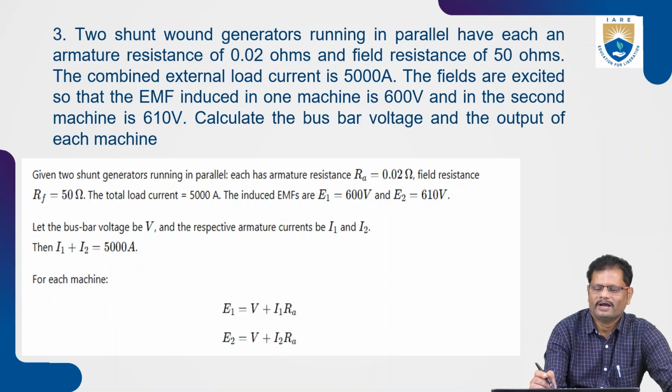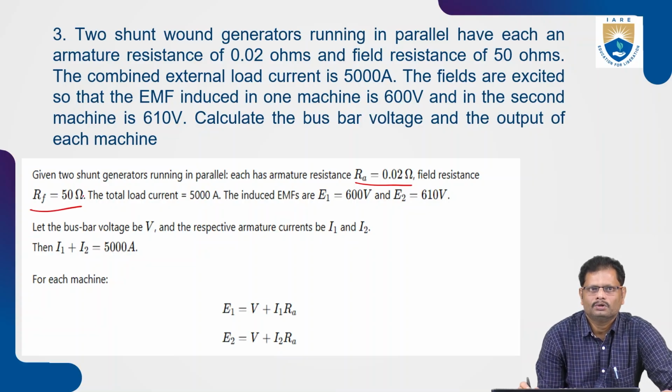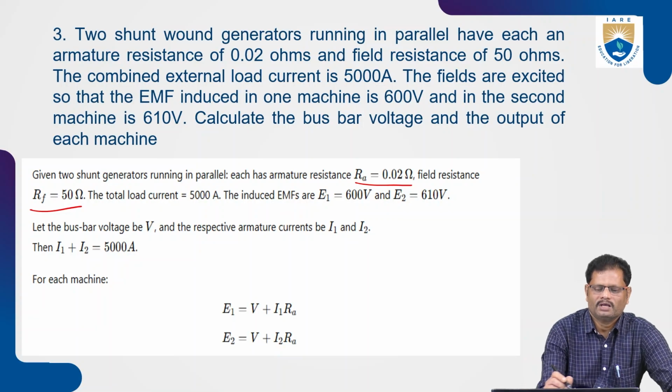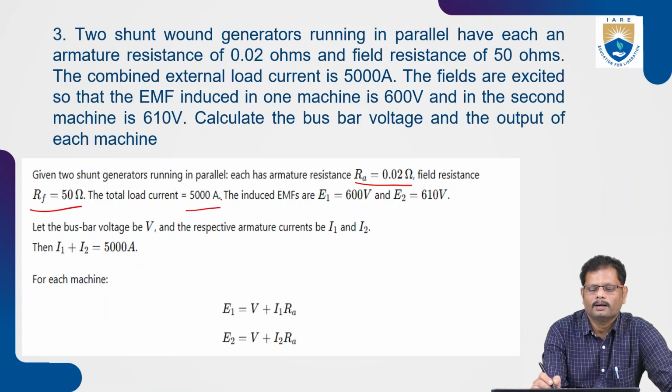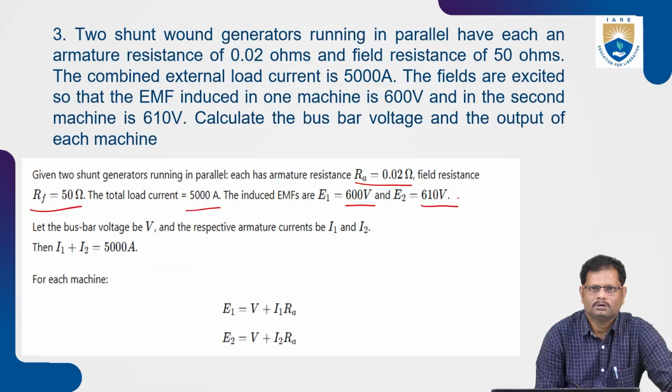Each has armature resistance of 0.02 ohms and shunt field resistance RSH or RF equal to 50 ohms. The total current is 5000 amps, and the induced EMFs are E1 as 600 volts and E2 as 610 volts. So let us assume that the busbar voltage is V and the respective armature currents are I1 and I2.